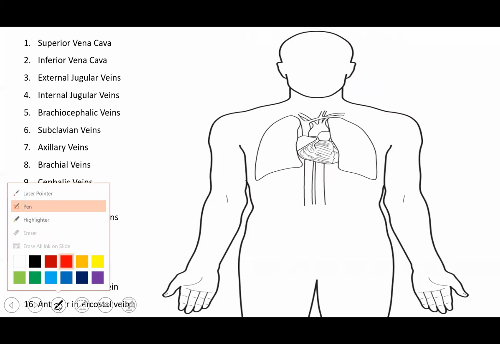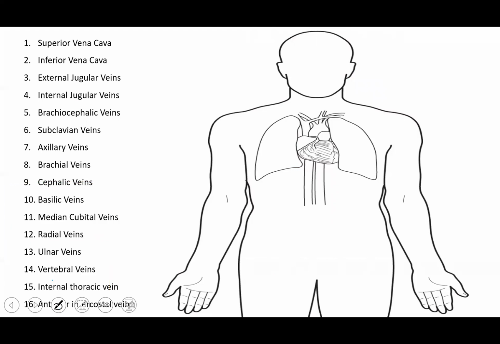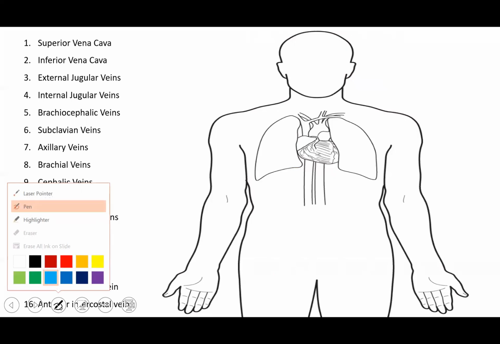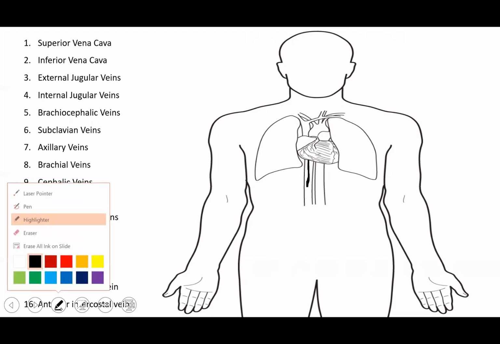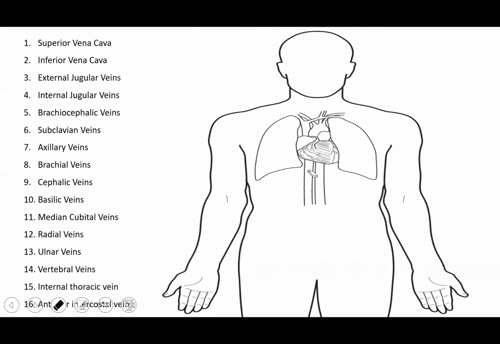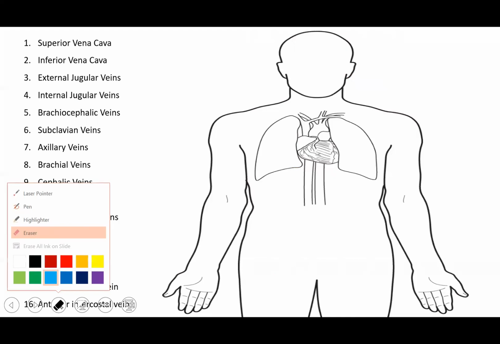Also, I am going to change the color here so that we know these are veins, not arteries anymore. First of all, we know that there are two main ways of draining the blood back into the heart.